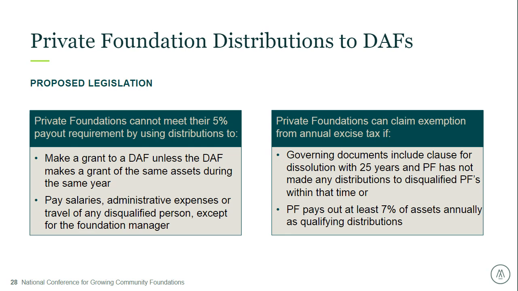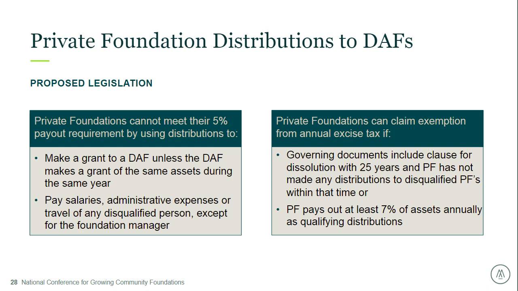Private foundations would be able to claim an exemption from the annual excise tax if their governing documents include a clause for dissolution within 25 years, and if the private foundation has not made any distributions to disqualified private foundations within that time, or you have to pay out 7% of your assets annually as opposed to 5%.